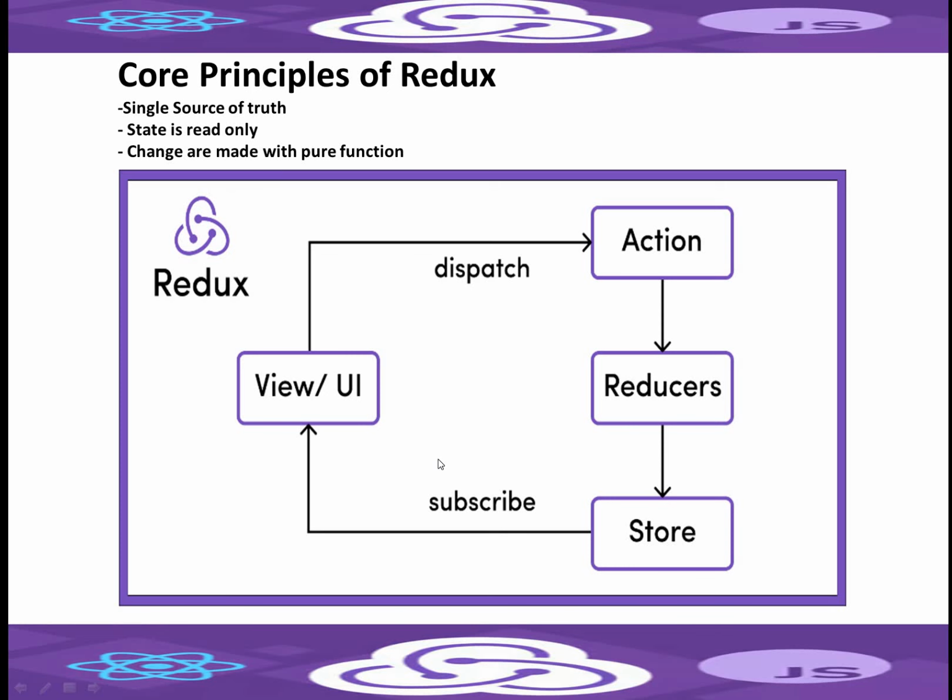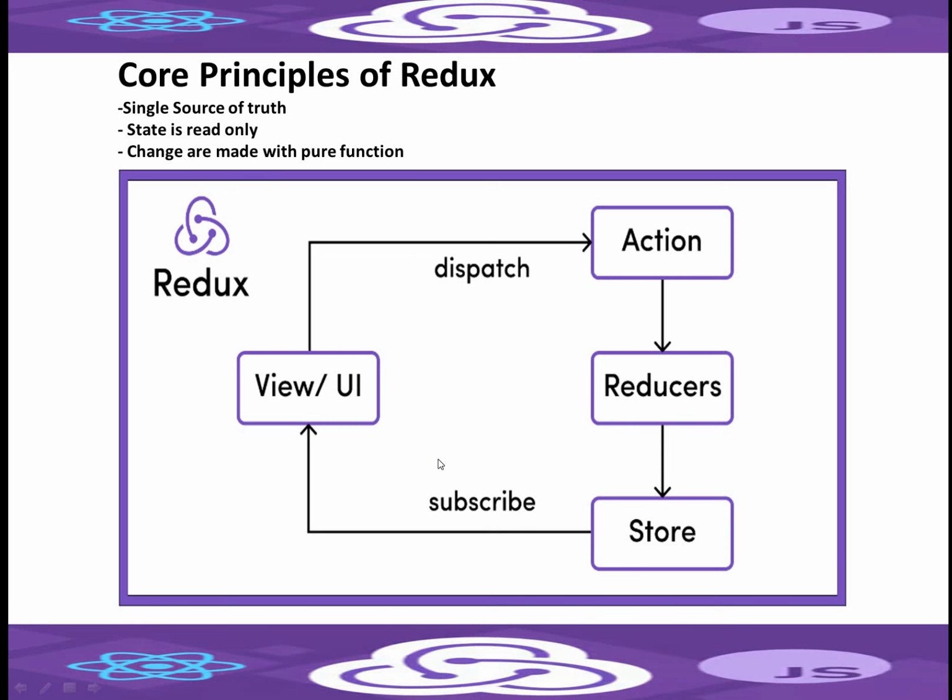Now here in this diagram you can see the UI view, and then we dispatch from the UI to an action, right? Whatever changes we make on the UI component, we need to dispatch that to actions. Then the action calls the reducer. The reducer updates the store, and the store is linked with the UI view, and in that way you can quickly see the changes on the UI.